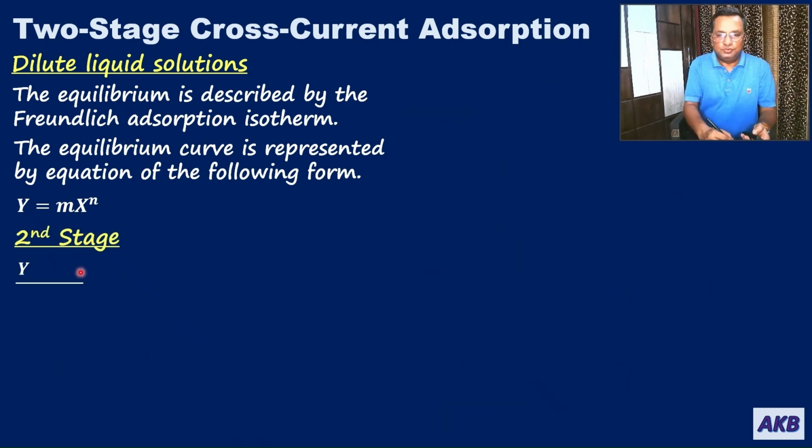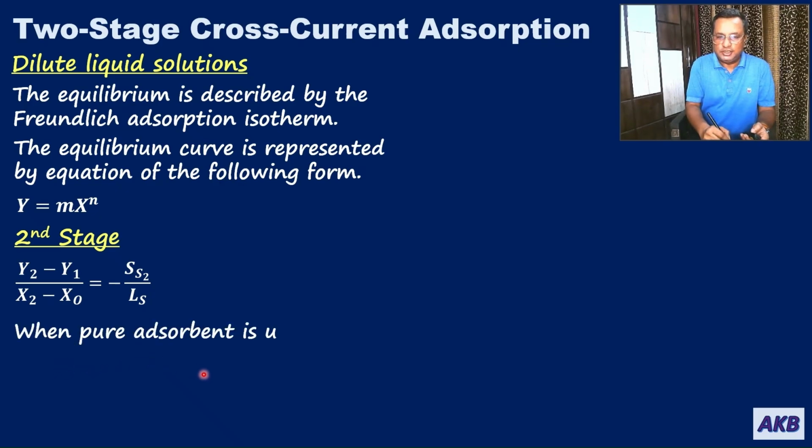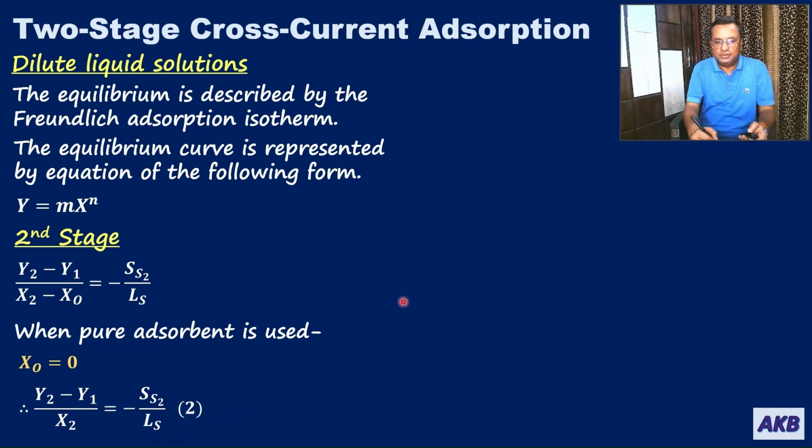For stage number 2, the second stage, you have the equation for the operating line: capital Y2 minus capital Y1 divided by capital X2 minus capital X0, that is equal to minus SS2 upon LS. If you are using pure adsorbent, then X0 will be 0. Then it will be capital Y2 minus capital Y1 divided by capital X2, that is equal to minus SS2 upon LS. I'm calling it equation number 2.